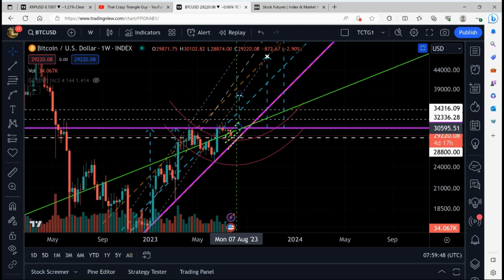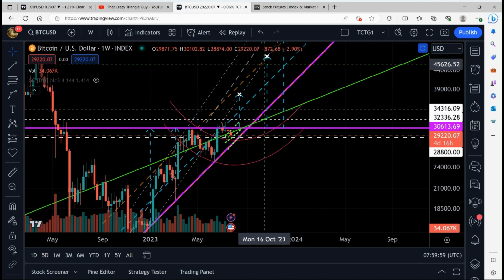So possibly what we would do is come up here and then come back down and build some price action in this range, and then another move up here.